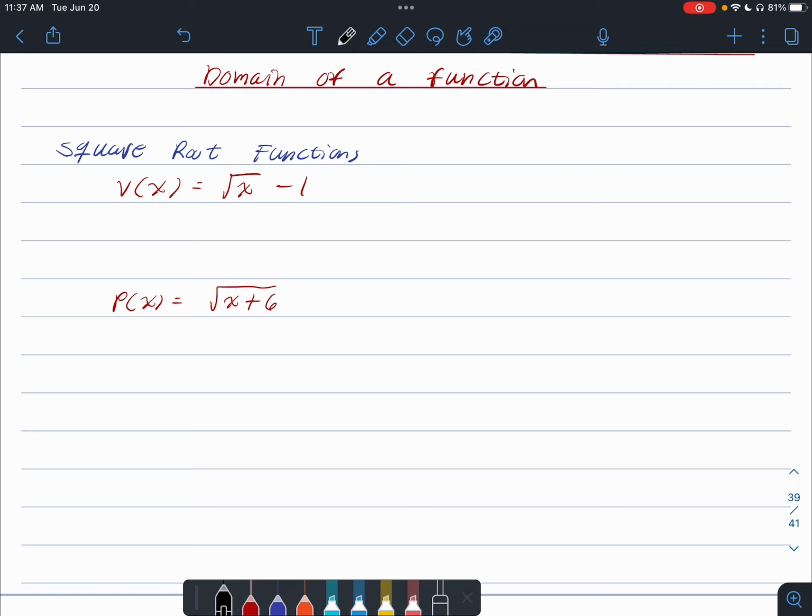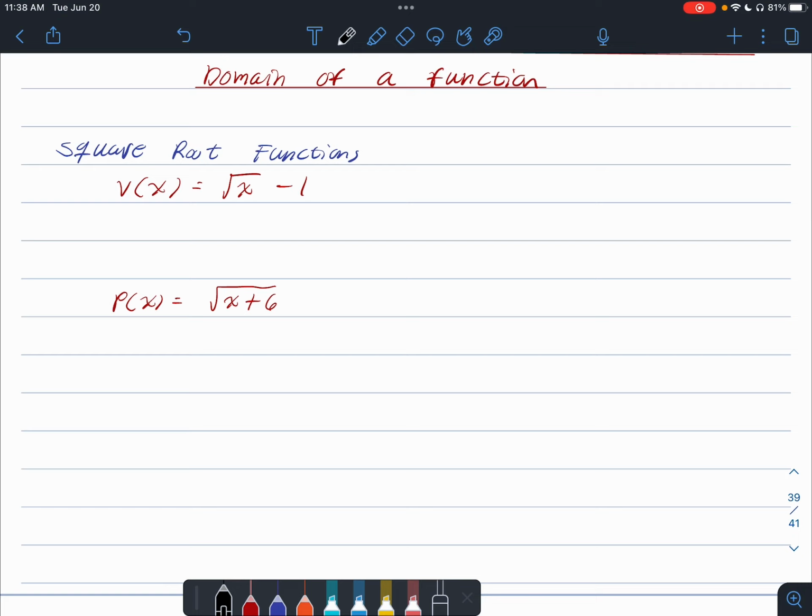Here we have the function v of x is equal to the square root of x minus 1. If you think about this, the only real restriction we have here is whatever is underneath the square root has to be greater than or equal to 0, because for real valued functions, the square root is not defined for anything less than 0.